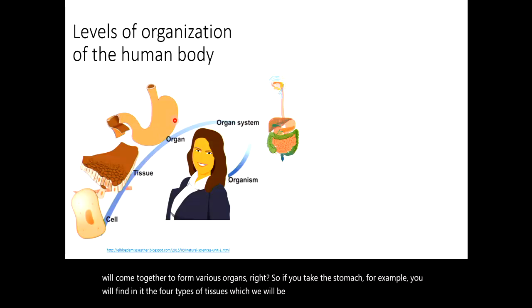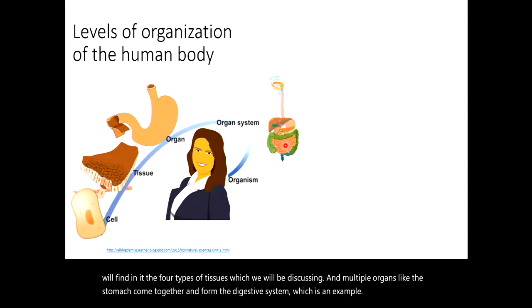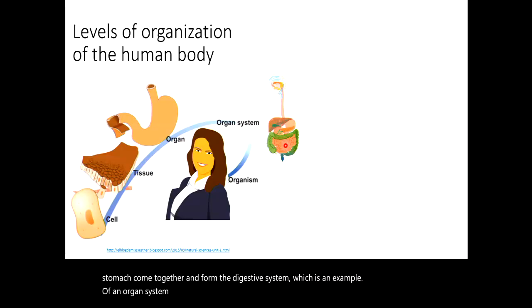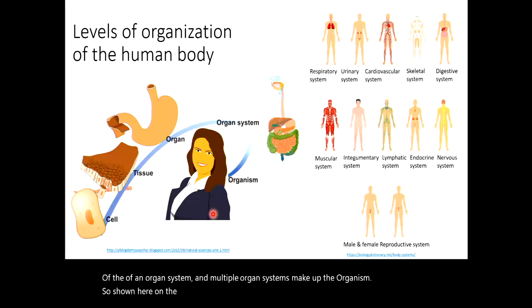And multiple organs like the stomach come together and form the digestive system, which is an example of an organ system, and multiple organ systems make up the organism. So shown here on the right hand side are the 11 organ systems we'll be considering, right? And we'll consider each of these in some amount of detail.